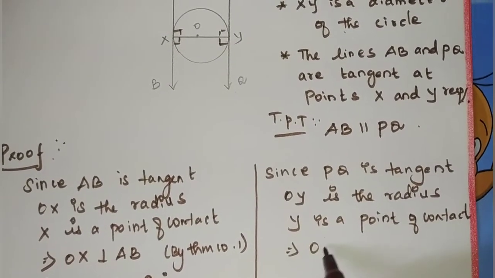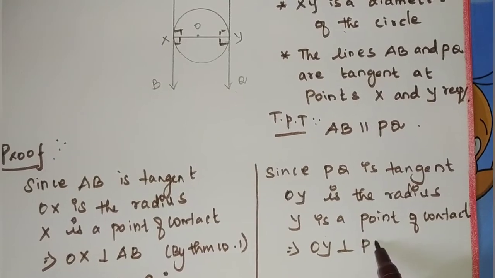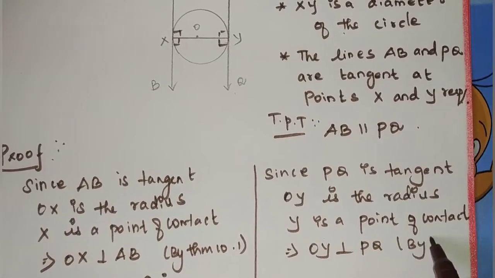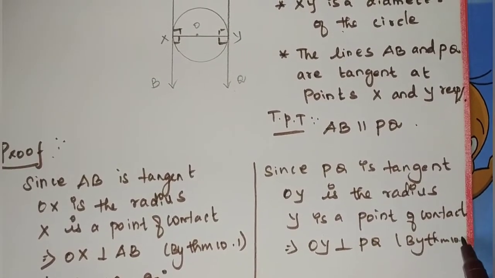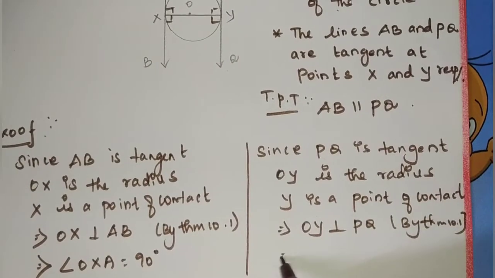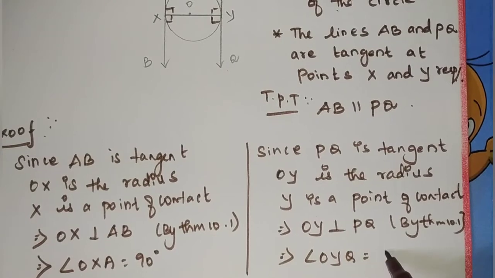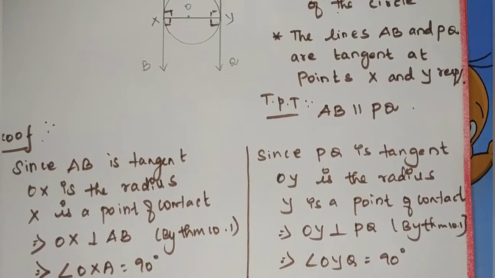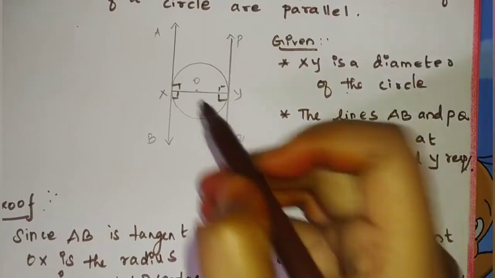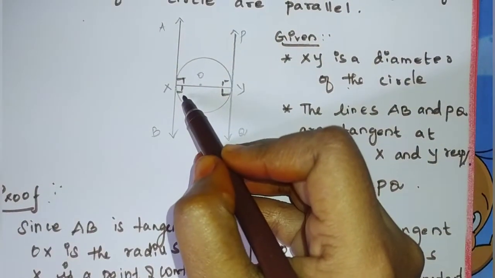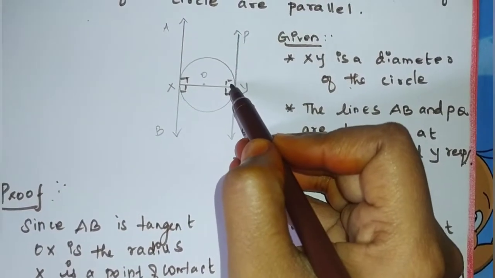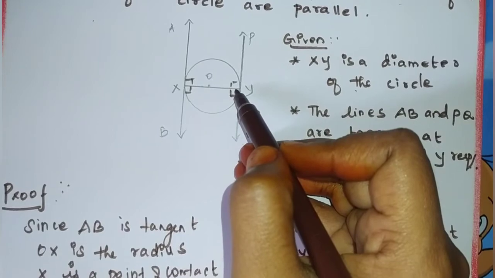It implies OY is perpendicular to PQ by theorem 10.1. It implies angle OYQ is equal to 90 degrees. Clear? If this is 90 degrees, this one is also 90 degrees. If this angle is 90 degrees, this one is also 90 degrees.